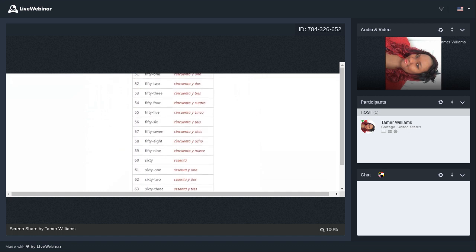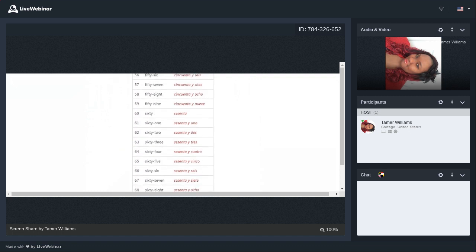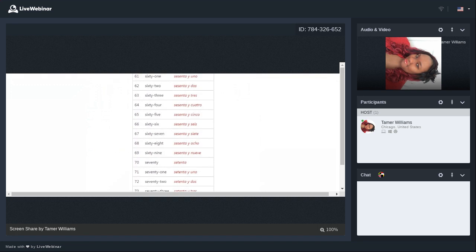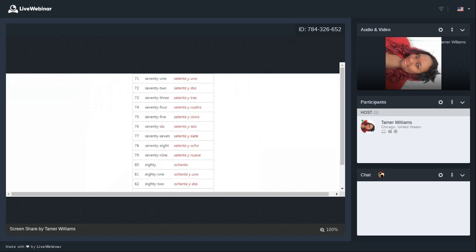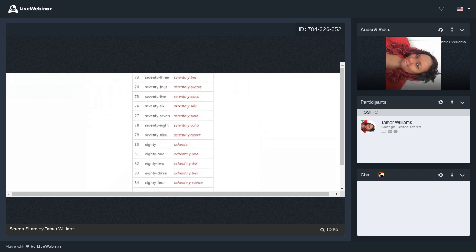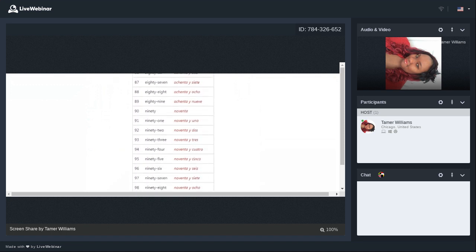They look similar and they often are mixed up. So 70 is setenta, 60 and 70. They look very similar. Just be careful on which one that you're trying to use. And 80 is ochenta. And then 90 is noventa. And 100 is cien. So there, right there, are your numbers 1 through 100.